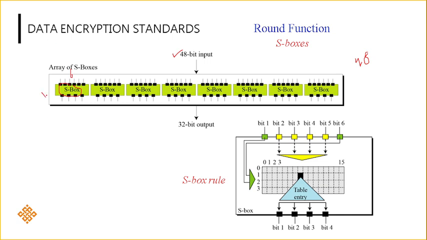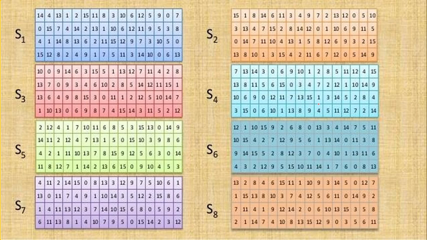So now let us go to the first box, that is substitution box 1. Each box will have its own substitution table, like S box 1, box 2, third box, fourth box, like that. The 8 boxes have their own substitution tables, that is S1, S2, S3, S4, S5, S6, S7, and S8. Using these substitution boxes, we are reducing the 48 bits into 32 bits.